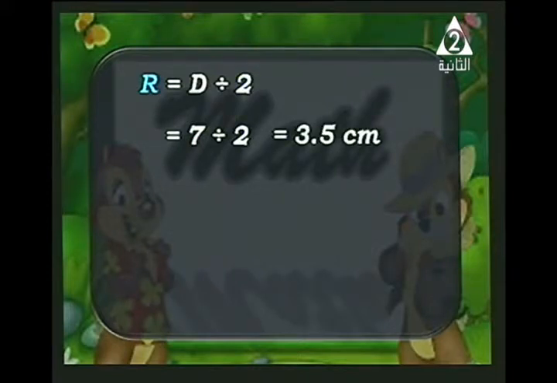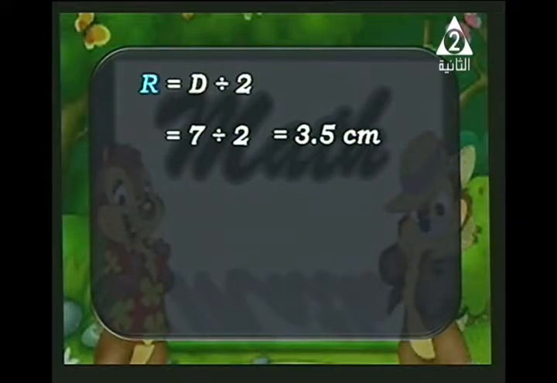So first of all, you have to find the radius. What about the radius? Radius is diameter divided by 2, half the diameter. So it is 7 divided by 2 gives 3.5 centimeters. Now you obtain the radius as 3.5 centimeters.